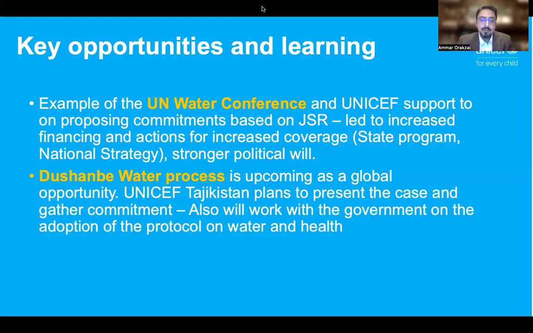But a very good example from 2023 that we would like to share with you is that there was a UN Water Conference planned in 2023, and that required commitments from the heads of state on WASH, on SDG 6 specifically.